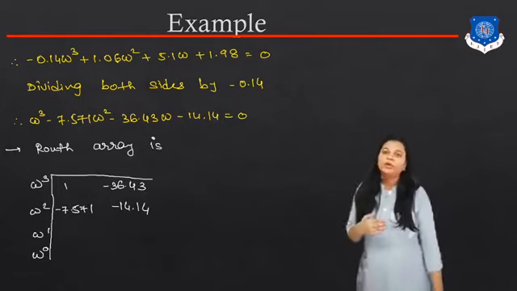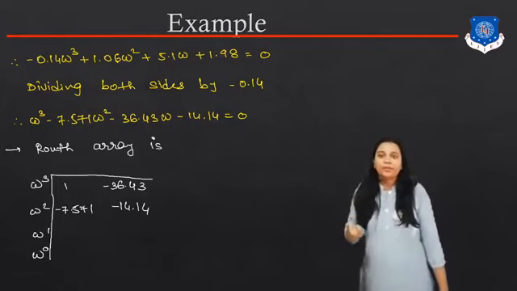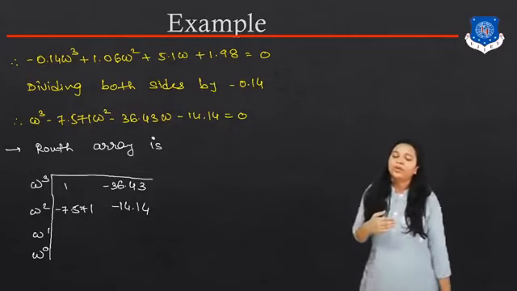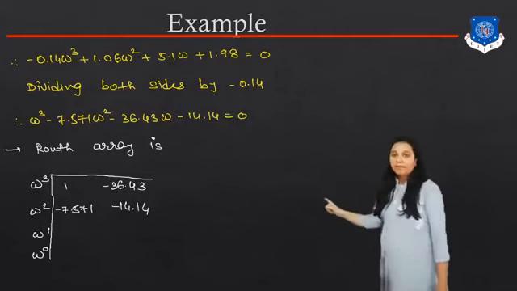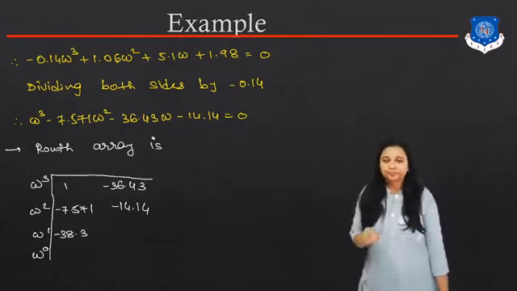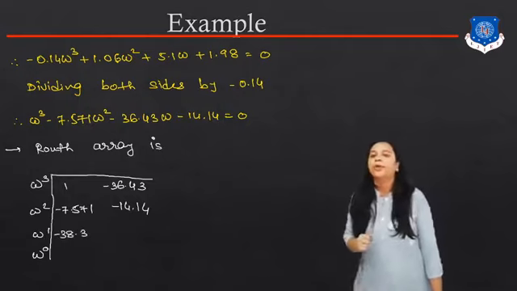Now what is the rule to apply the Routh array? We have to cross multiply the two terms: (minus 7.571 into minus 36.43 minus 1 into minus 14.40) divided by minus 7.571, and we get minus 38.3.